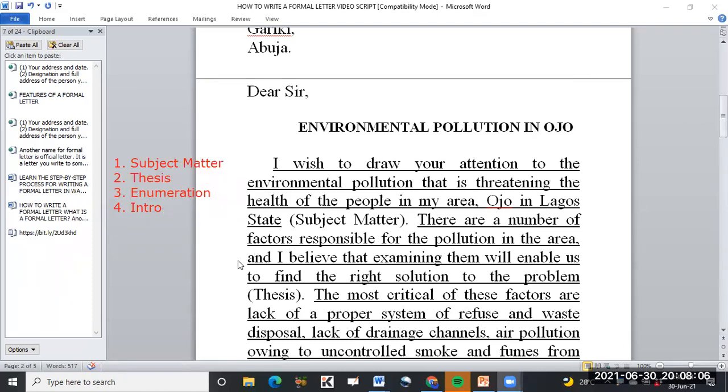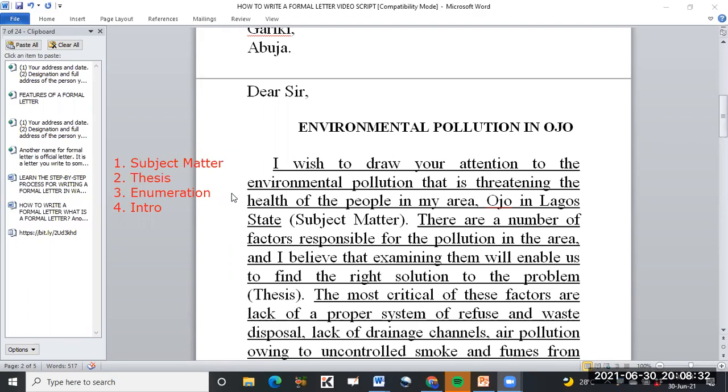let's now proceed. Now you can see the first sentence here. I wish to draw your attention to the environmental pollution that is threatening the health of the people in my area, Ojo, in Lagos State. This is the subject matter. And it's always important that you begin with it, because that shows you are obeying instruction.